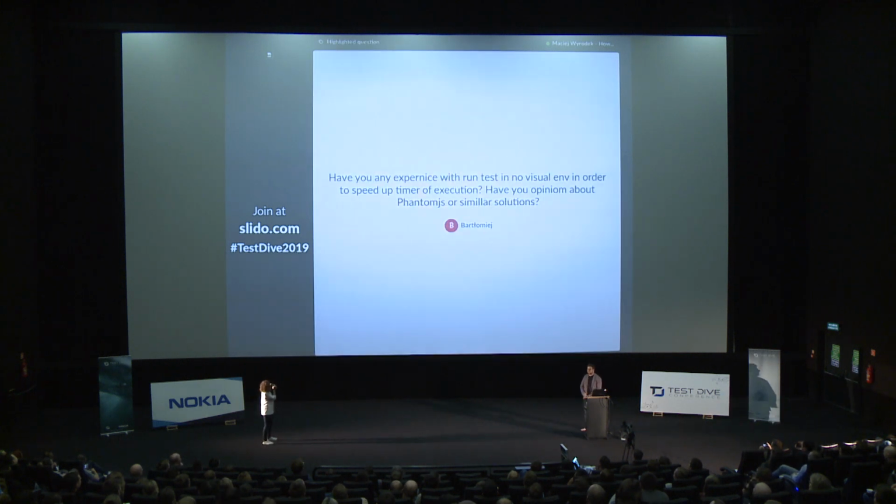Okay. Have you any experience with running tests in a non-visual mode in order to speed up the time of execution? Yeah, basically, PhantomJS is no longer developed. The development of it stopped, I think, last year, so it's no longer an option. This is a plug of a different conference, but at the TestCamp this year, there was a presentation about the performance of different browsers in headless mode.